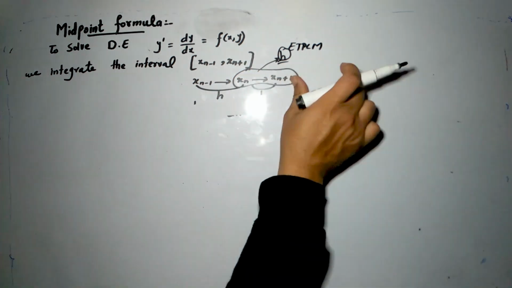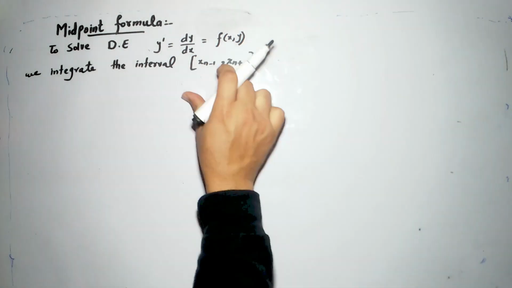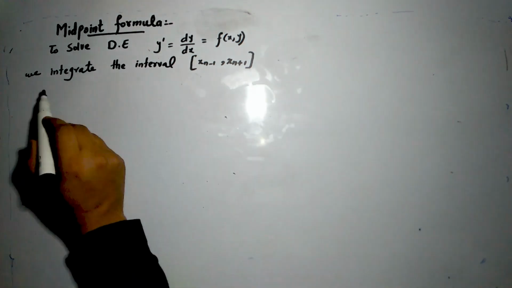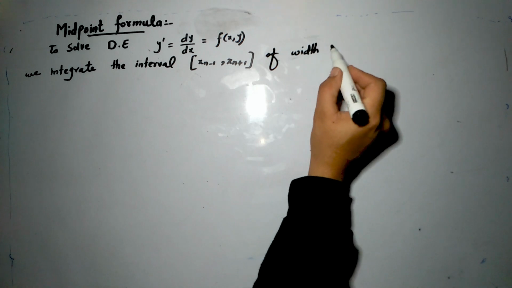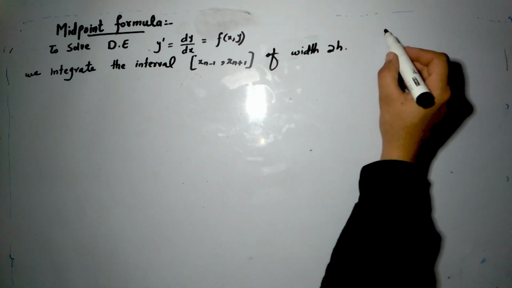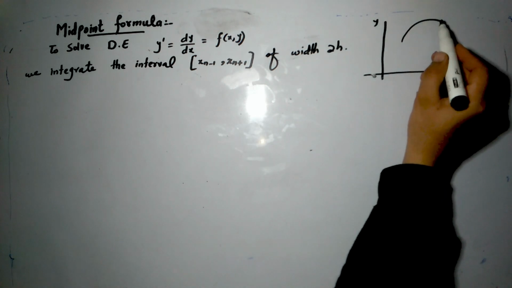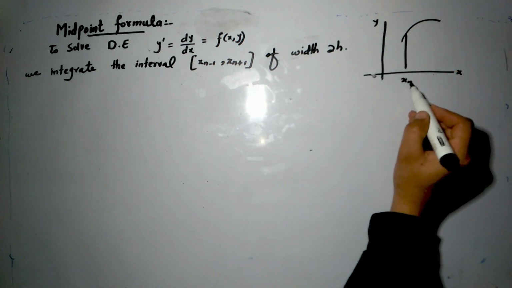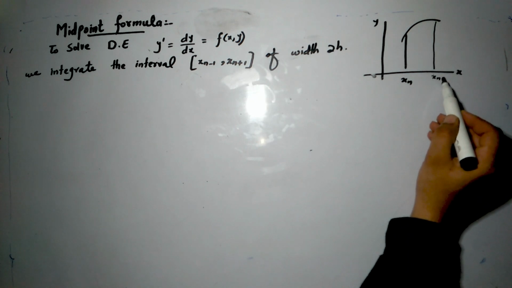Further, if I take the width of this interval, the width is 2h. If I draw a diagram, this is the y-axis, this is the x-axis. If I take a curve, here this will be xn and this point will be xn plus 1.